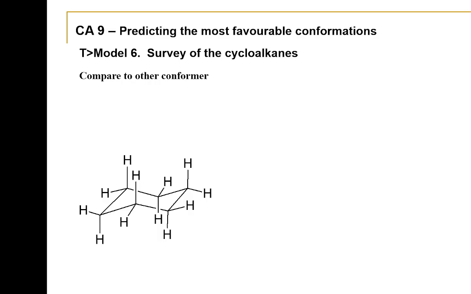In the rings, it's a bit different. So for instance, in the cyclobutane, you saw that there were 2 different kind of puckers. In the cyclopentane, there are actually a bunch of different envelopes. In the cyclohexane, there are 2 different conformers. And you need to be able to go from one conformer to the other.